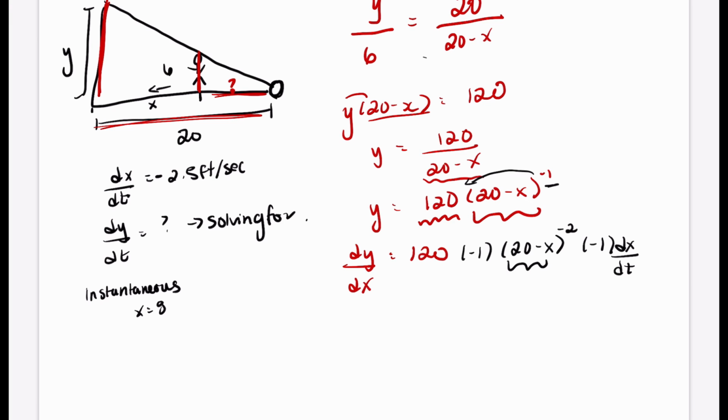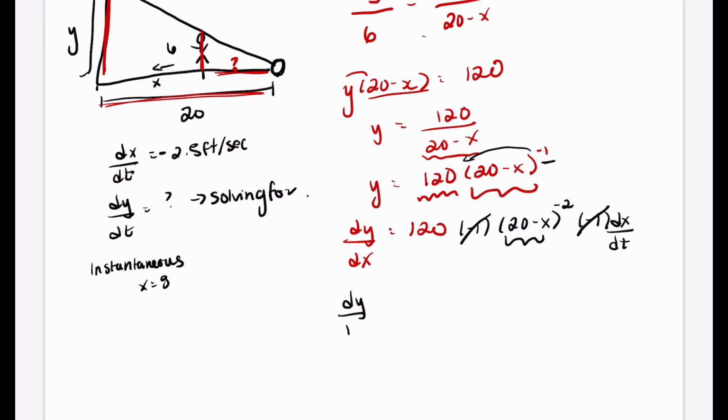So now when I get here, I can simplify it a little bit more. Negative 1 times negative 1 is going to make positive 1, so I'm not going to worry about it right now. And I can start filling in the values that I know. So I have dy by dt, I take it with respect to time, is equal to 120 times 20 subtract 8 to the power of negative 2.